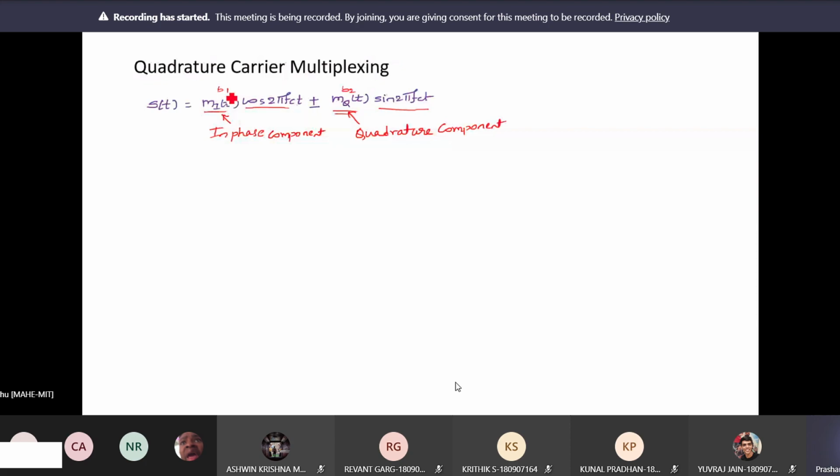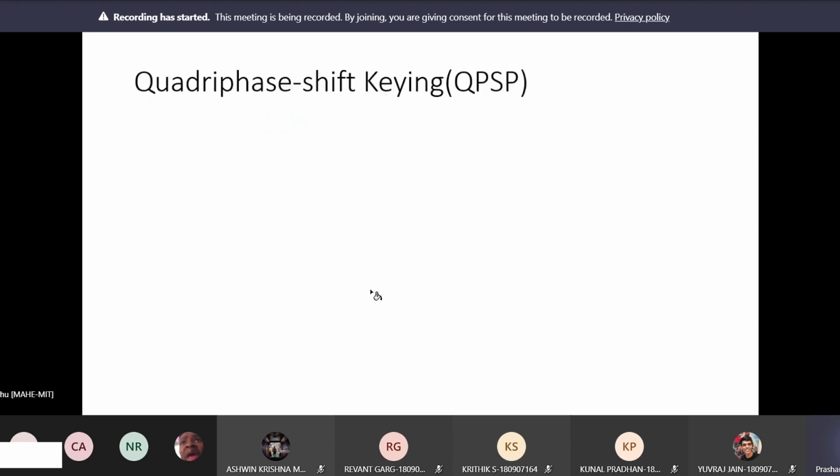Instead of the signal, now we are going to place binary data in the carrier. So that is what is going to result in quadrature modulation. You can see both mi of t and mq of t can be related to the input binary data. So now this leads to quadriphase shift keying.